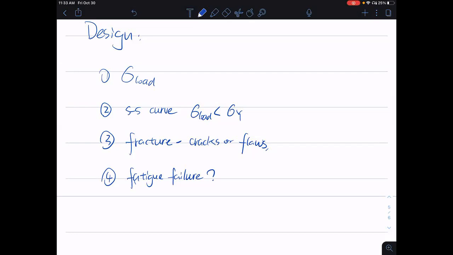Even if the stress is very small, you have cyclic stress applied to that part. You ask yourself, will this product ever be used in situations like this? If the answer is yes, you have to consider fatigue failure and check the S-N diagram to make sure the part you designed can last long enough.